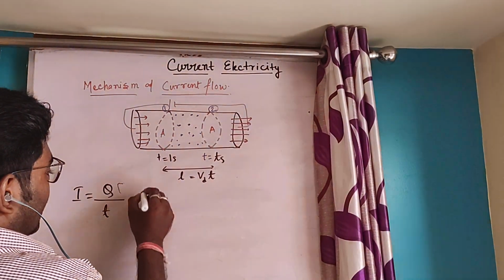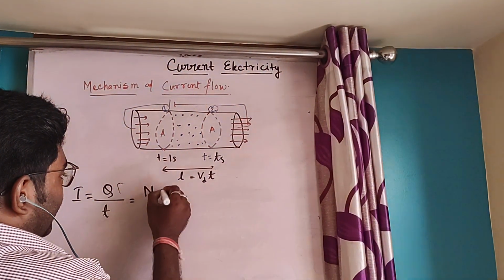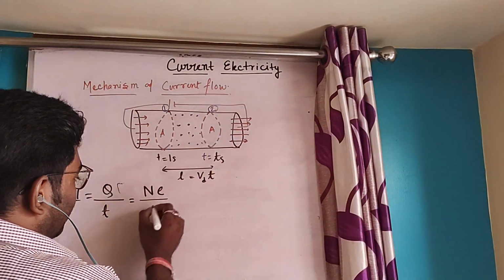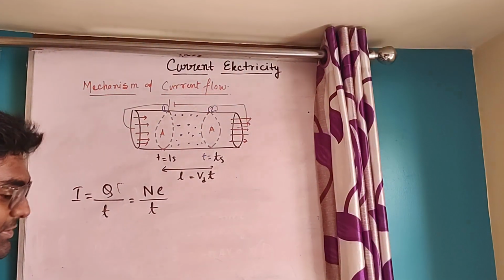So let's say this is N into e by t. Can you see?